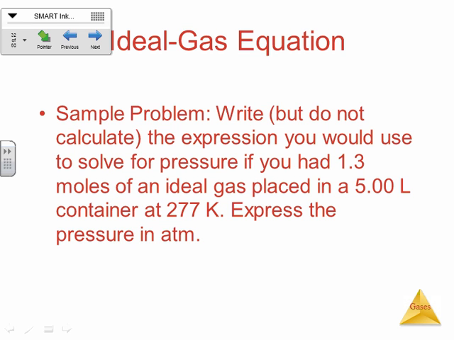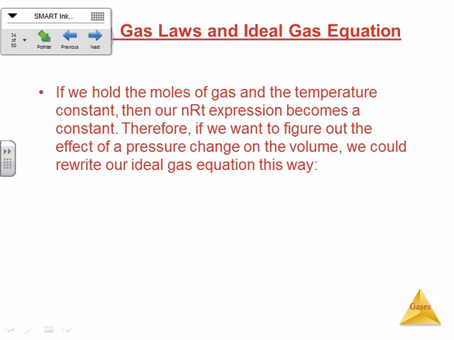So these are the kinds of questions you're going to get. Now, with the ideal gas equation, you do need to watch your units. Your volume has to be in liters because of the R. And your pressure, you just need to get it either into atmospheres or into torr, are probably the two that you're going to want to change it into to make sure that it fits with your R. Other than that, I don't know that there's a lot we need to talk about.